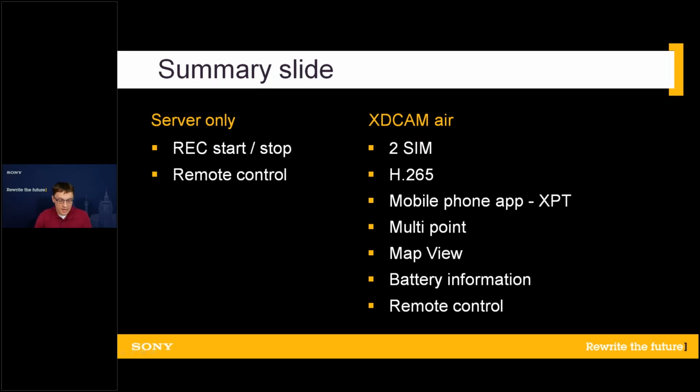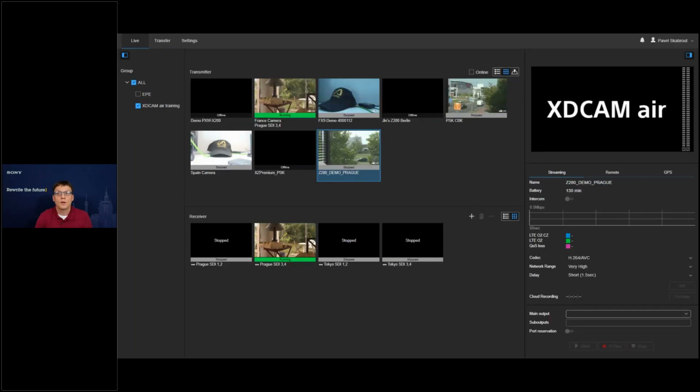So now, if you will allow, I will switch to a live demo of the system. Now you can see the screen of the XDCAM Air. And if you remember the GUI of the standalone server, you can find already a couple of similarities. However, here I would like to mention that we have some more advanced functions.